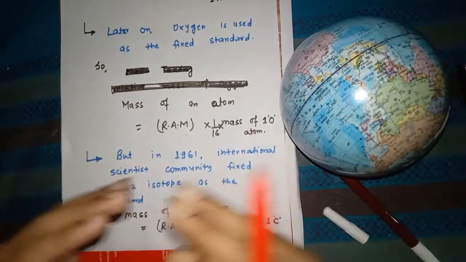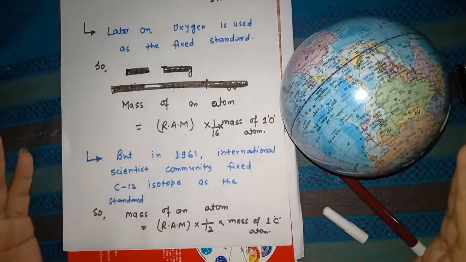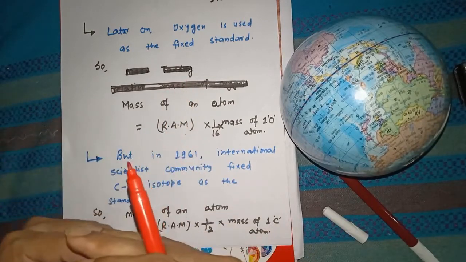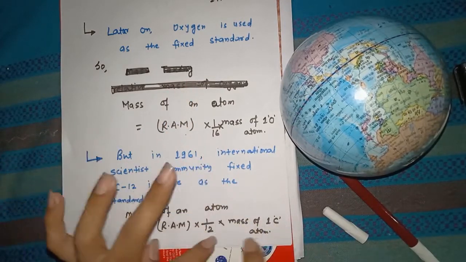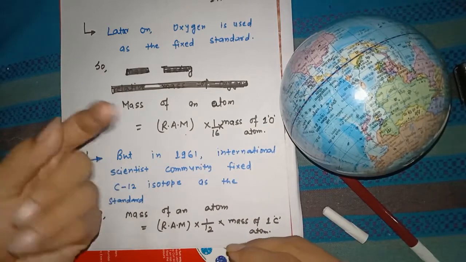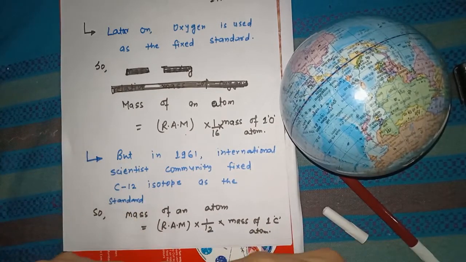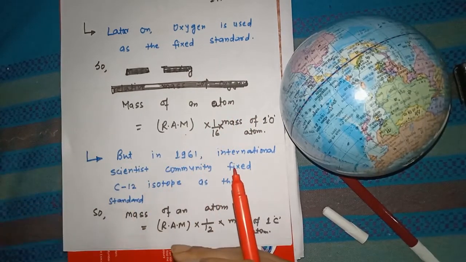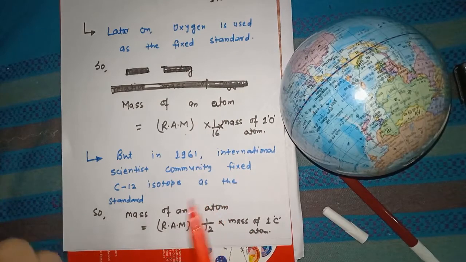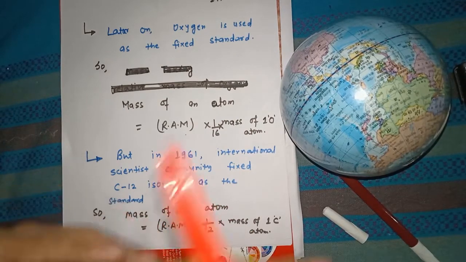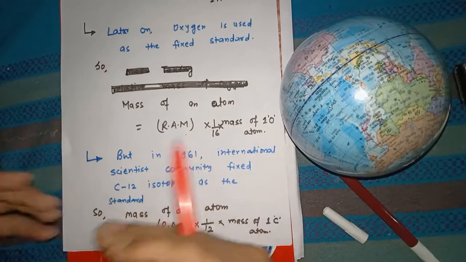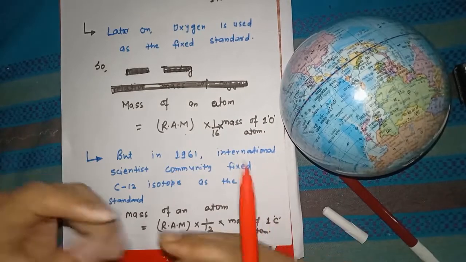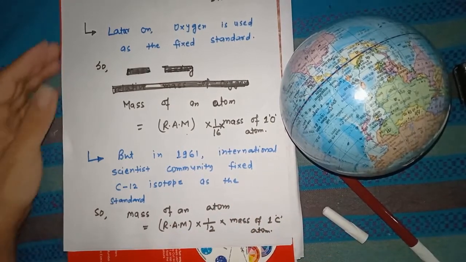That is the meaning of RAM, or relative atomic mass. Taking this reference point, we must know the actual mass of one carbon atom. Various scientists and experimentalists have discovered the mass of one carbon atom, and they developed devices called mass spectrometers, by which we can calculate the actual mass of one carbon 12 atom.